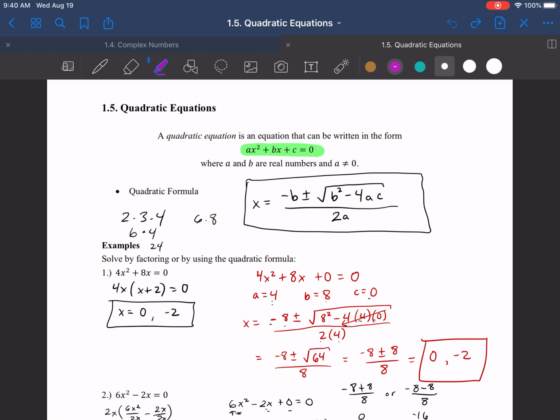All right, so the one main way that you can always solve these is with the quadratic formula. There are many other methods for trying to factor these, but I am a very big believer in this quadratic formula. If you ever want, you can ask me and I'll show you a derivation of this, but it essentially comes from using this right here and completing the square for it.